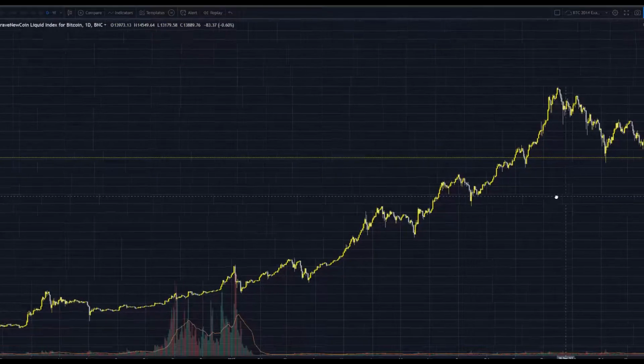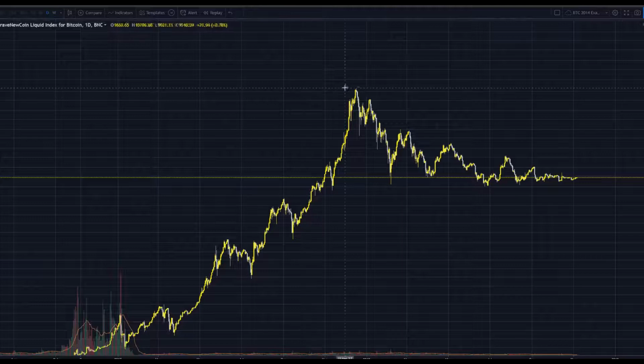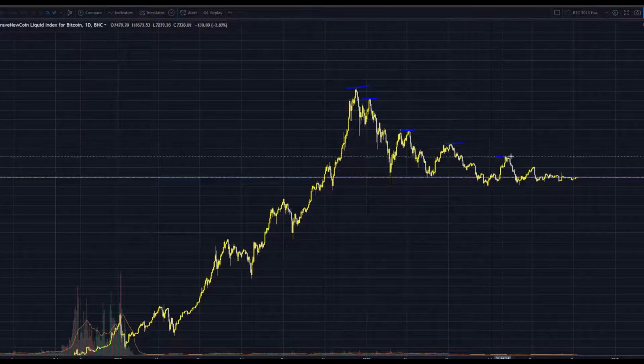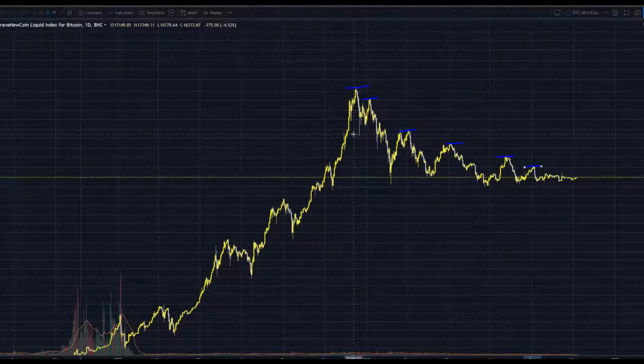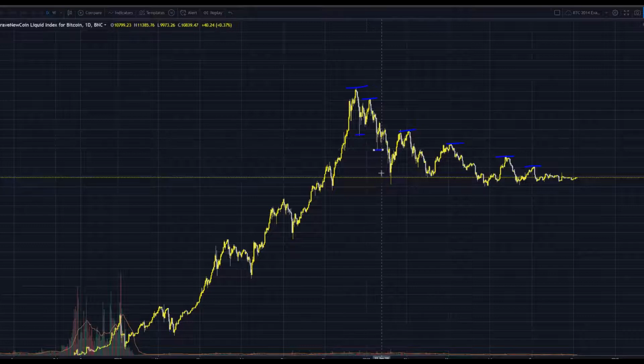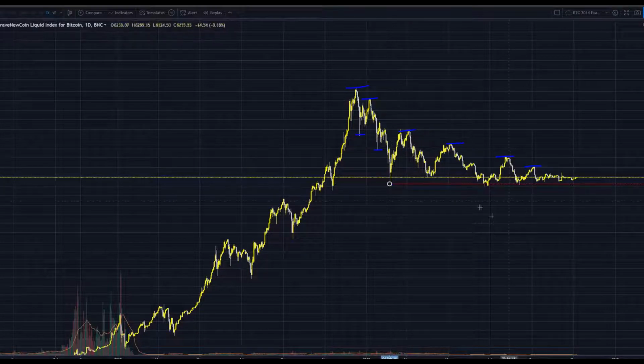Okay? Now, this asset, Bitcoin USD, is making lower highs. It's in an intermediate term bear market. But it's not making lower lows, right? In the intermediate term, it was until February. But price has actually been holding this level since February, right? So you've got lower highs, but now you've got higher lows in the short term, right?